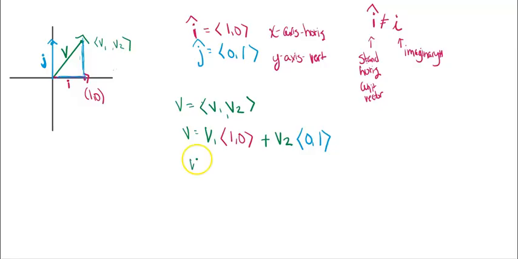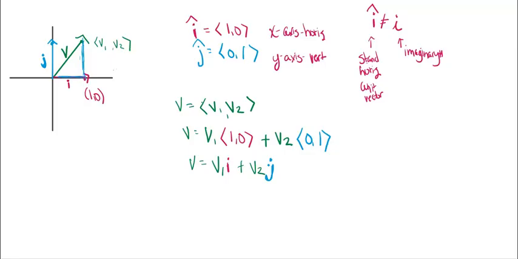But I can rewrite this a little simpler by saying this is the same thing as v1 times i. I've just replaced the unit vector (1, 0) with the letter i, plus v2 times j. Those are the standard unit vectors.